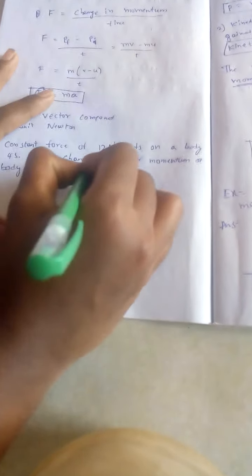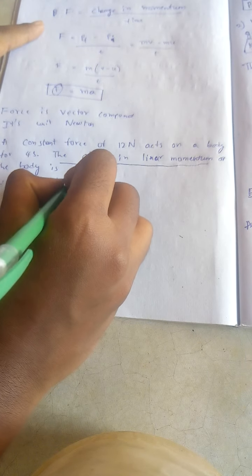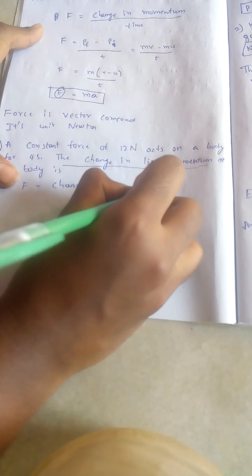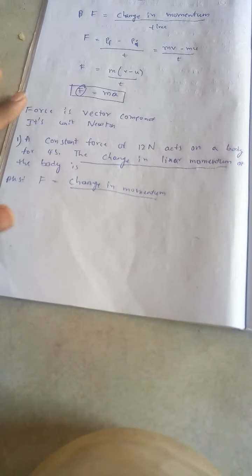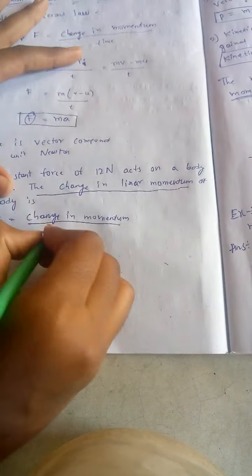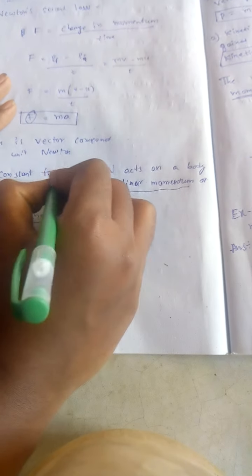Here they are asking for the change in linear momentum, so we have to take this formula: F is equal to change in momentum by t.